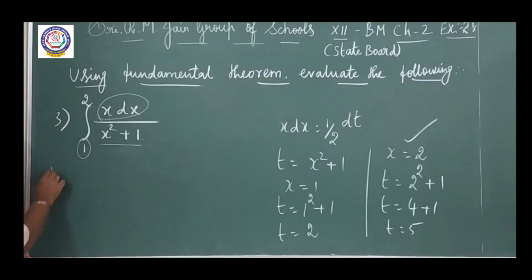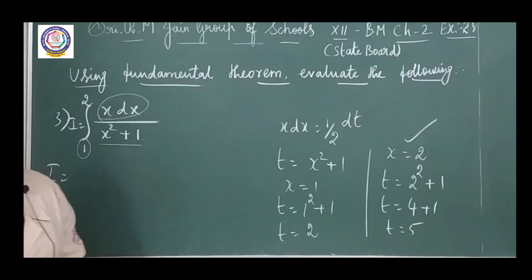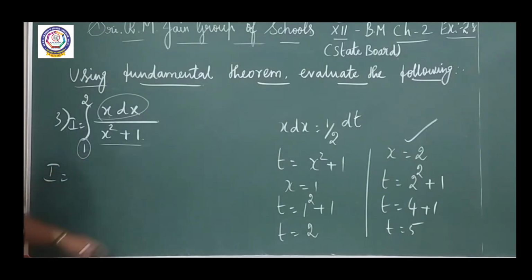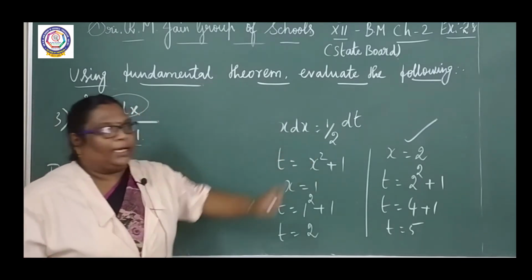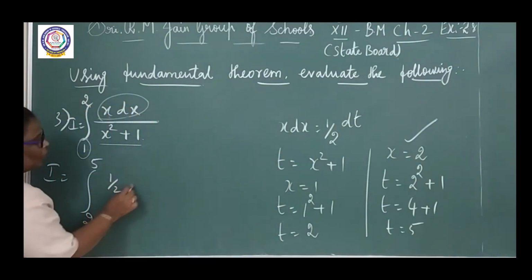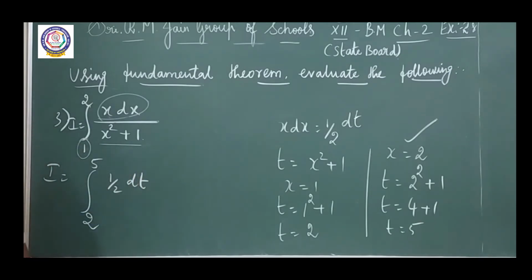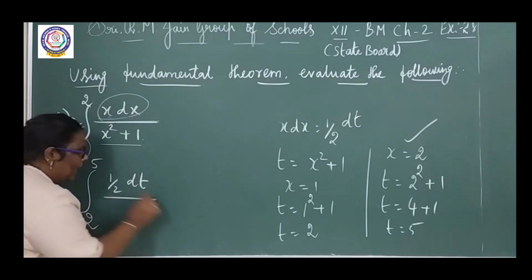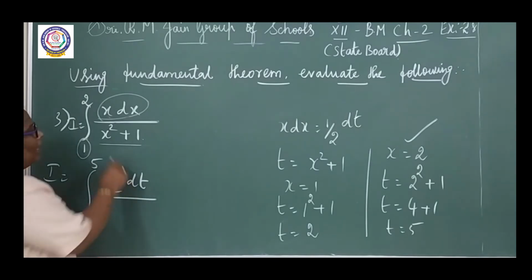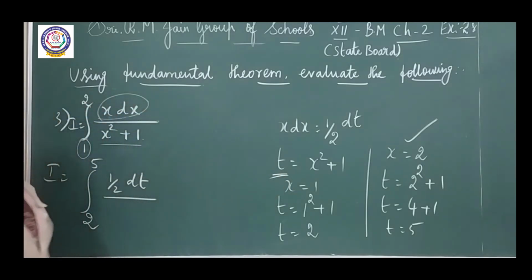See, you can take the integral as I, or any other variable. The lower limit is 2. What is the upper limit? If x equal to 2, the upper limit is 5. x dx equal to 1 by 2 dt, and x square plus 1 is t.